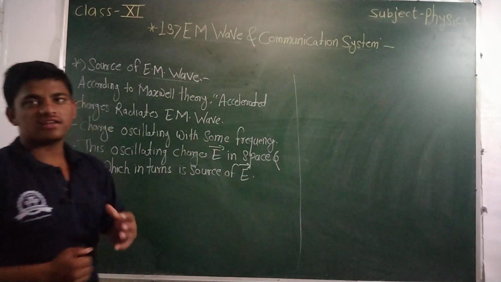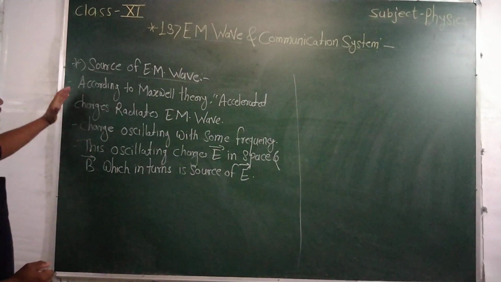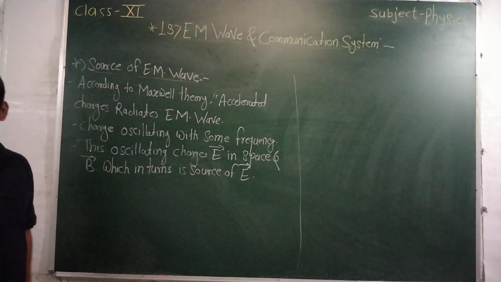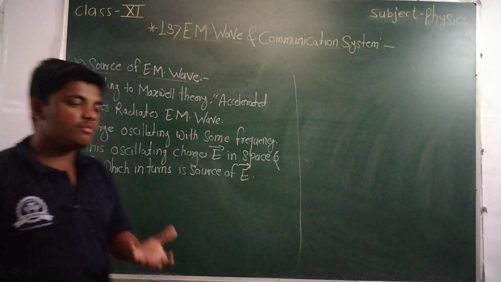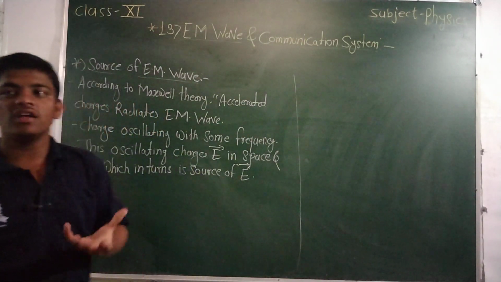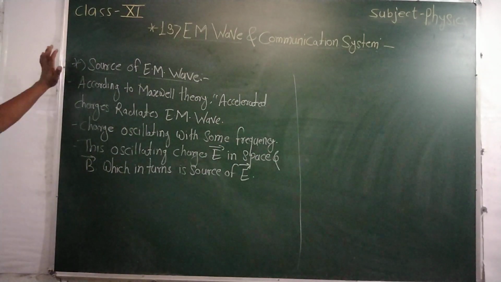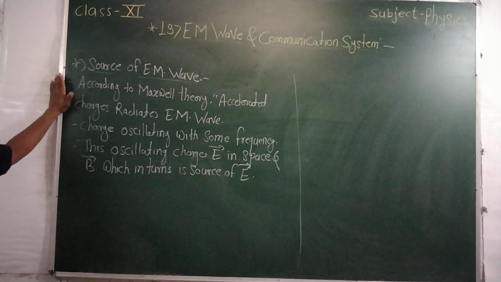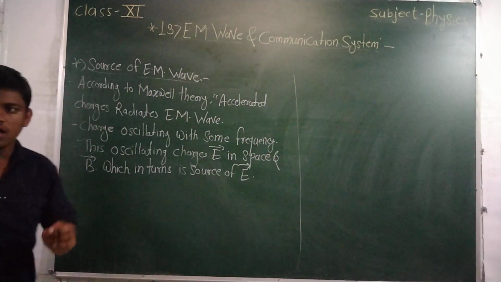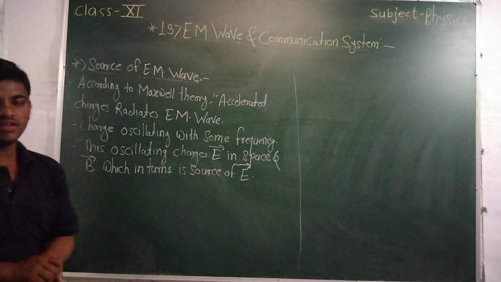According to the Maxwell theory, accelerated charges radiate electromagnetic waves. When the charges accelerate, electromagnetic waves are produced, that is, radiation of electromagnetic waves.